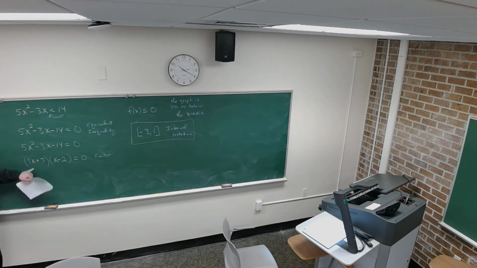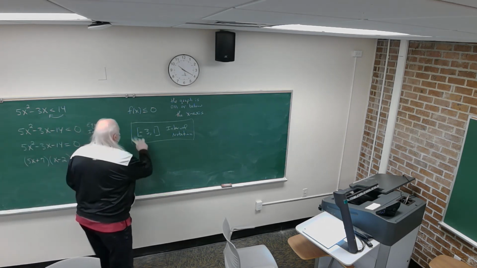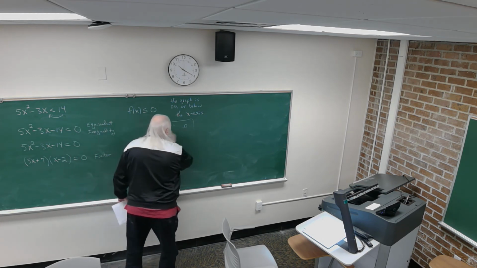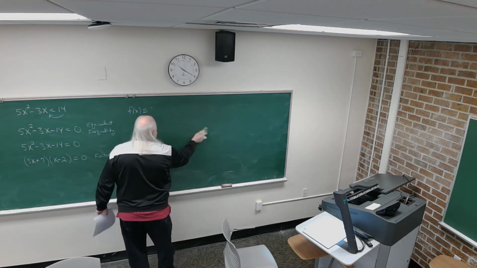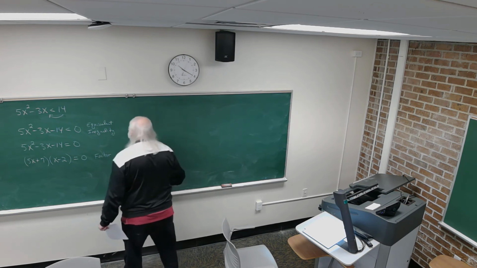This is why it's called factoring. And if the product of two factors is equal to 0, one of the factors has to equal 0. This is called the zero product property. So either the first factor, 5x plus 7, is equal to 0, or the second factor, x minus 2, is equal to 0.